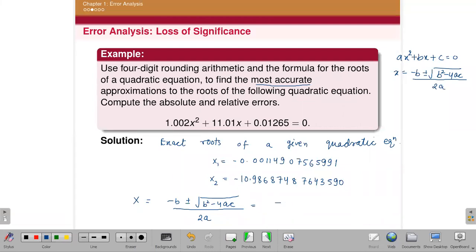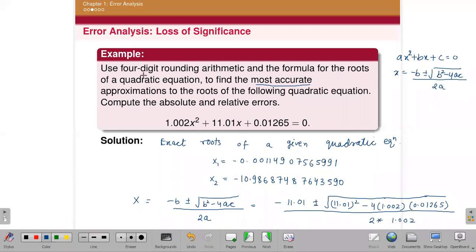So it will be minus 11.01 plus minus square root of 11.01 square minus 4 into 1.002 and 0.01265, divided by 2 into 1.002.